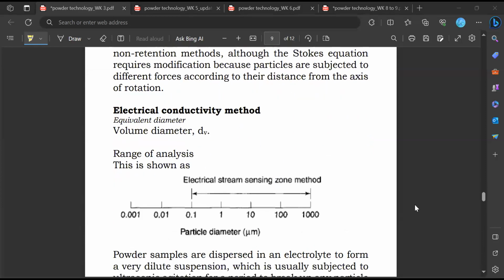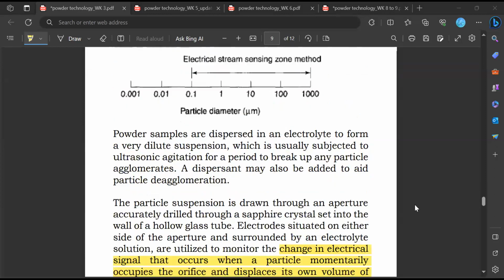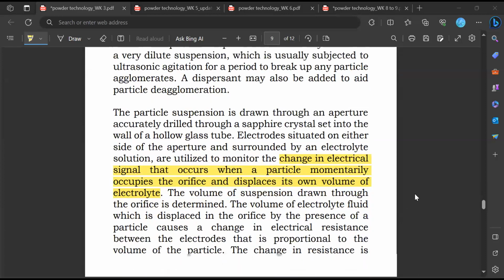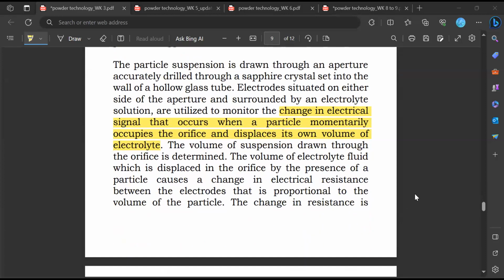Then the fourth one is the electrical conductivity method. A particle suspension is put in a container, and then the electrodes are put.